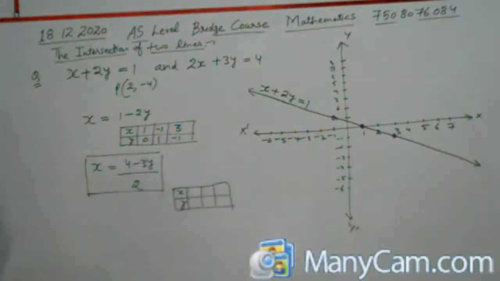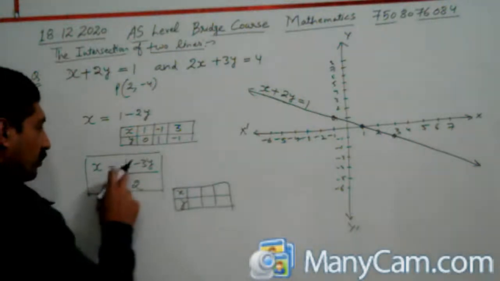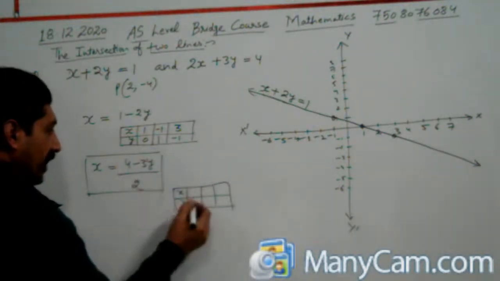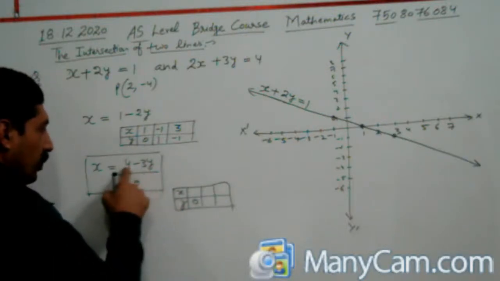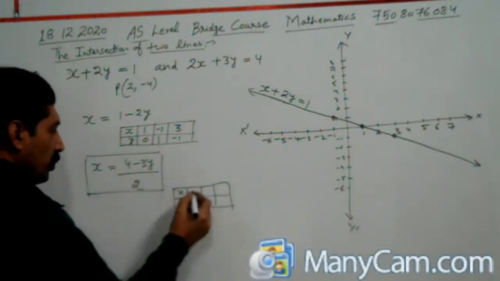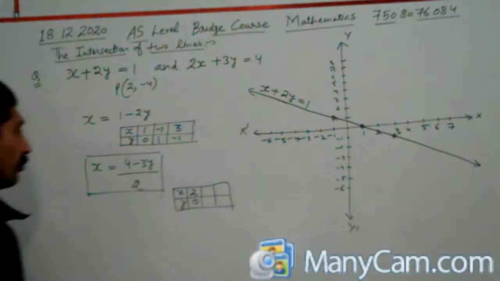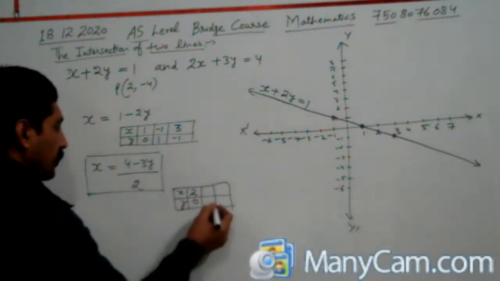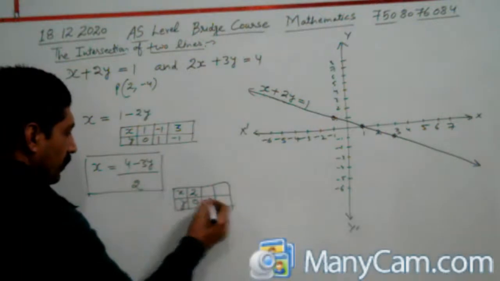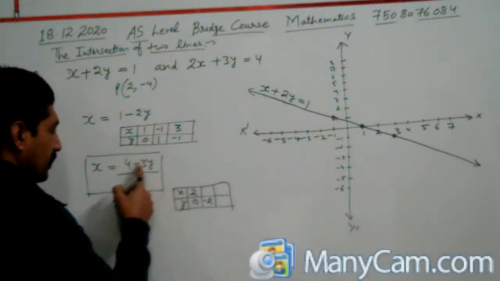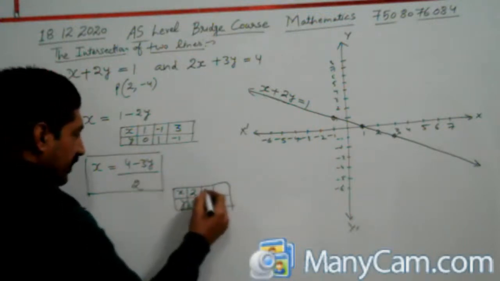Whereas for the other line, the coordinates, x is equal to 4 minus 3y upon 2. If y is 0, so 4 upon 2, that is 2, right? And if y is minus 2, then 6 plus 4 is 10, so x is 5.